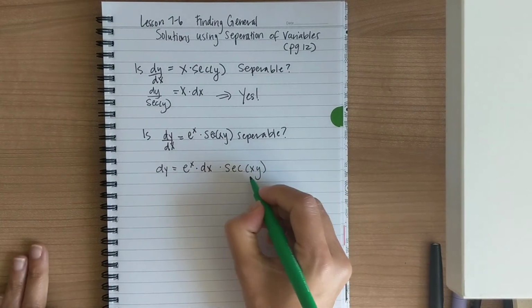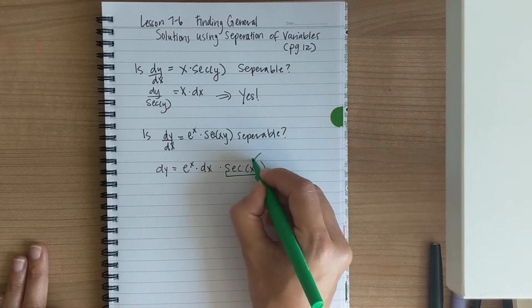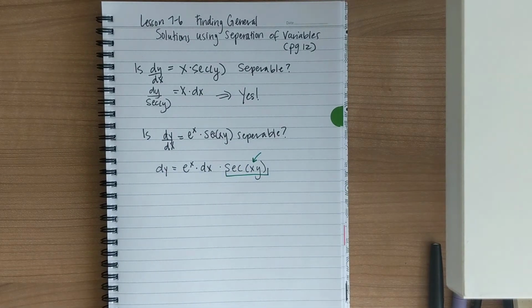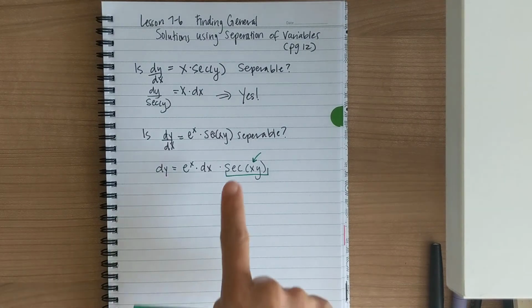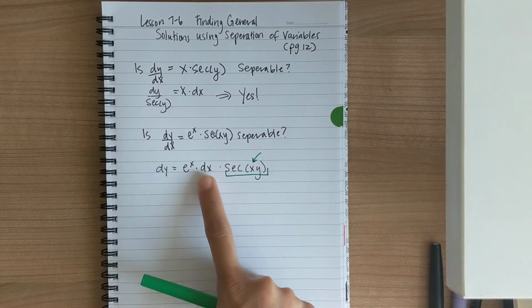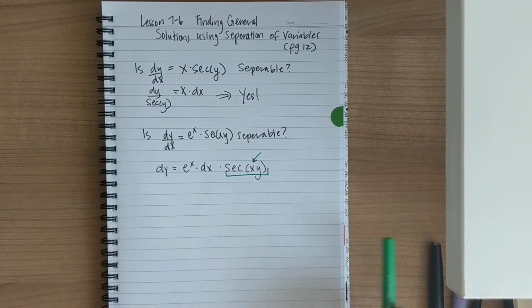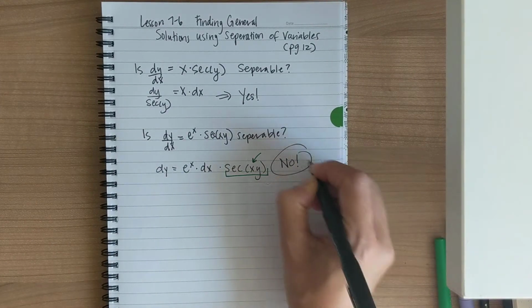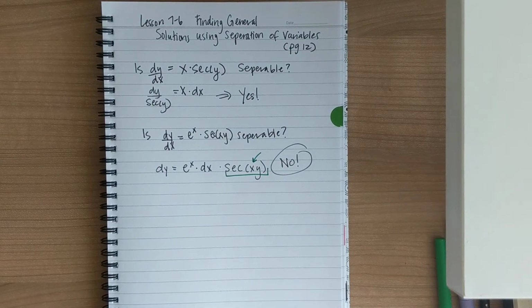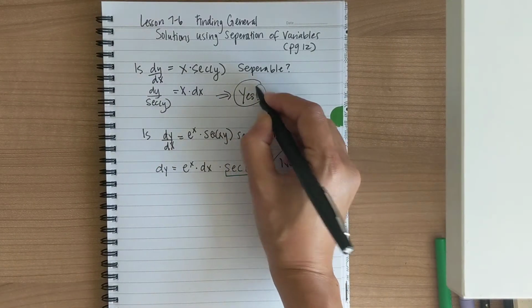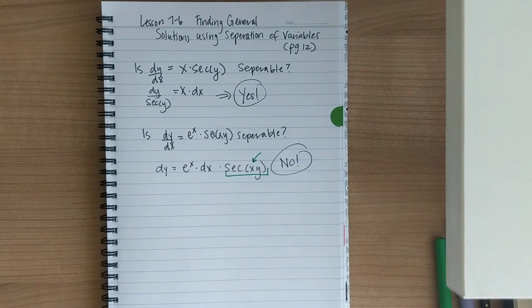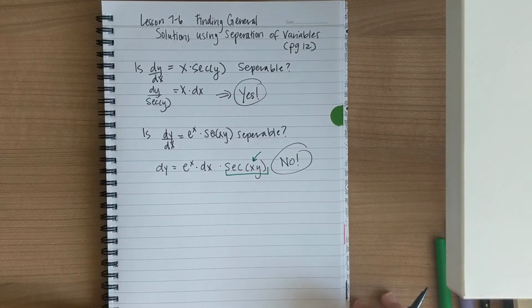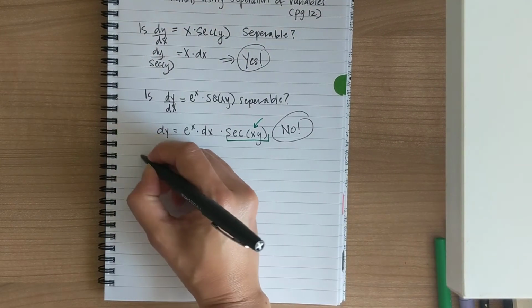Now, the problem is that my x and y are both inside this secant function, so I'm not going to be able to take that x out so it can stay here, and I can't take this y out to move it over here. So no, this one is not separable. Okay, so this is one thing you're going to have to figure out. Once you know that, you can start solving some problems.